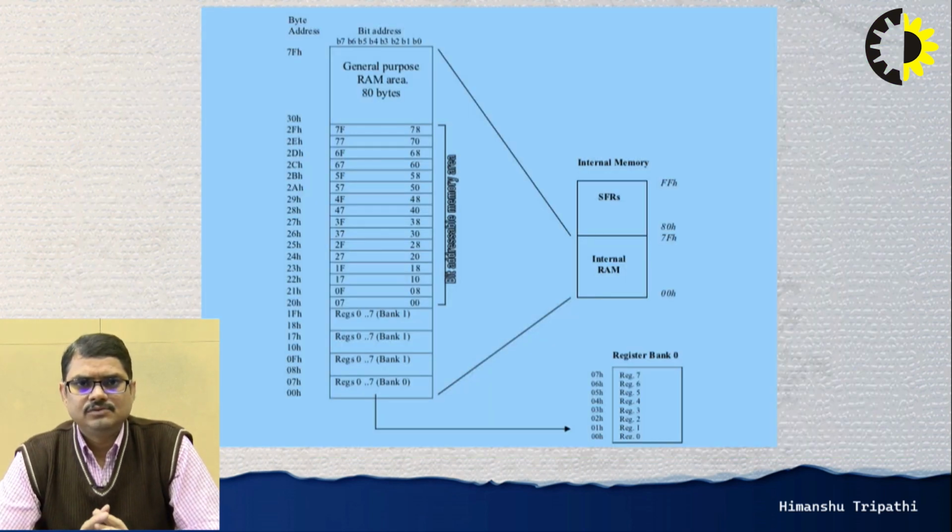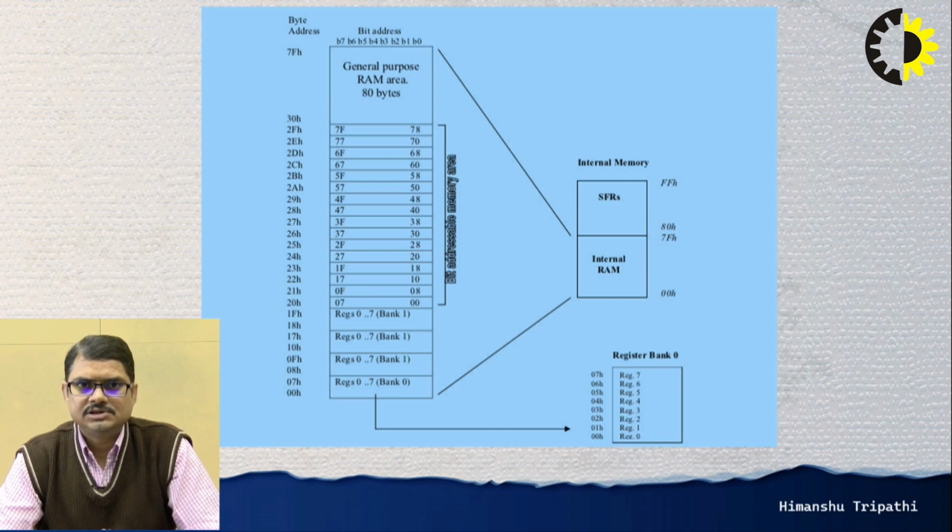The next thing I want to discuss is the data memory arrangement, or data memory configuration, inside the 8051 microcontroller. As we discussed in the previous slide, in the 8051 microcontroller we have 128 bytes of data memory. In these 128 bytes, the addresses are 8-bit.